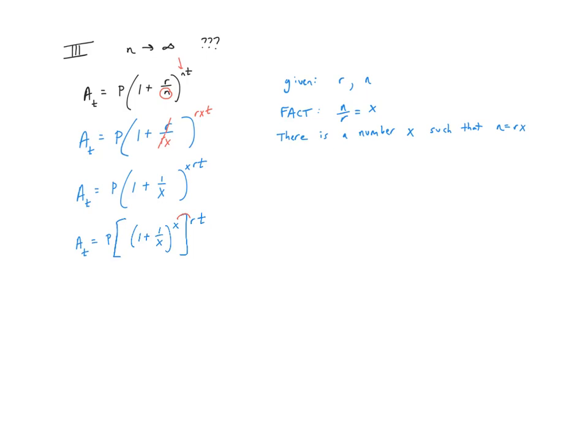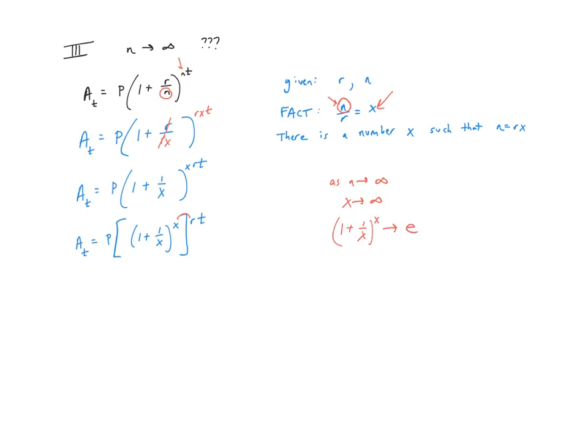So now, to answer the question, as n approaches infinity, in other words, as n gets very, very big, x will also approach infinity. If n gets very big, then x will also get very big. And as x gets very big, our function that we talked about in the very beginning approaches e.